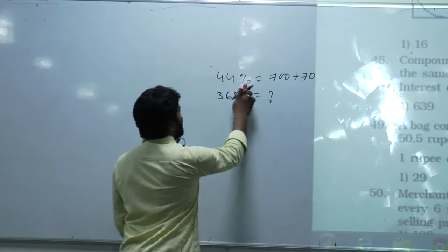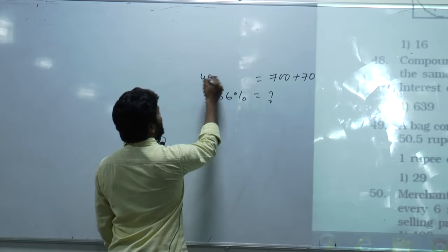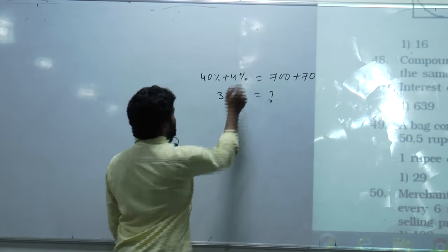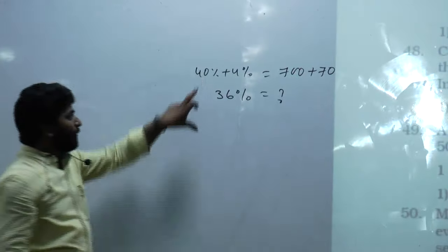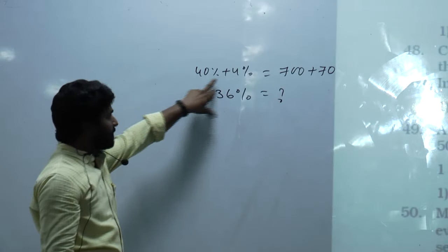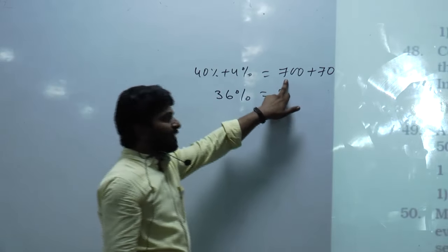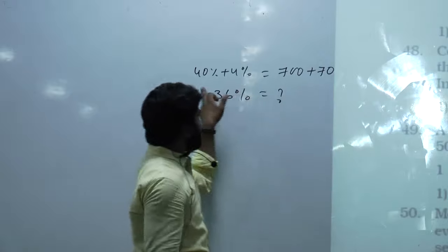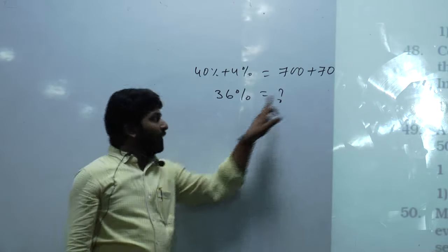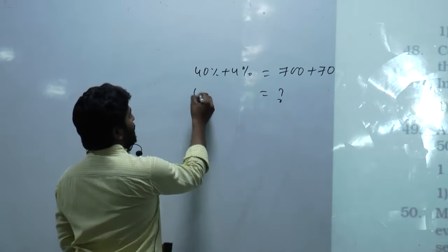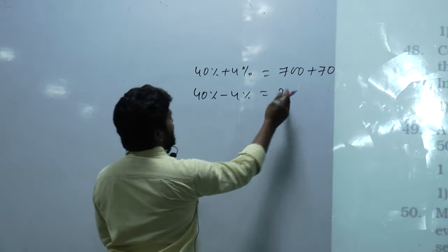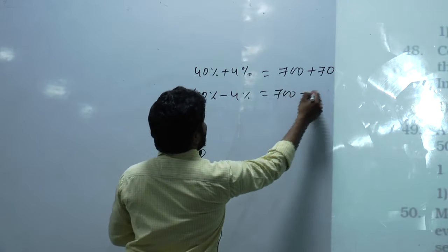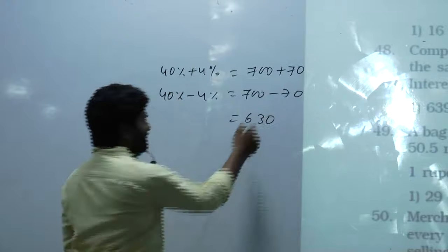Can I write this number as 40%? What about 10% of this? So 40% is 700, right? Then 36% will be equal to 40% minus 4%, that is 700 minus 70, answer 630.